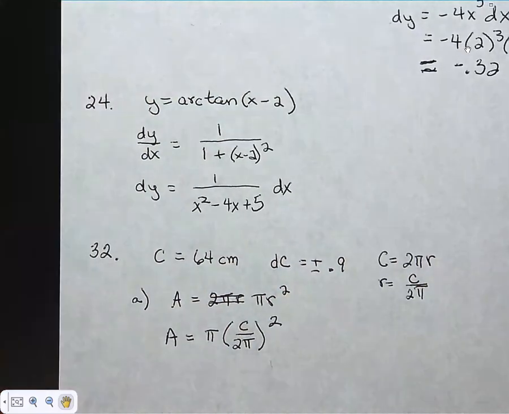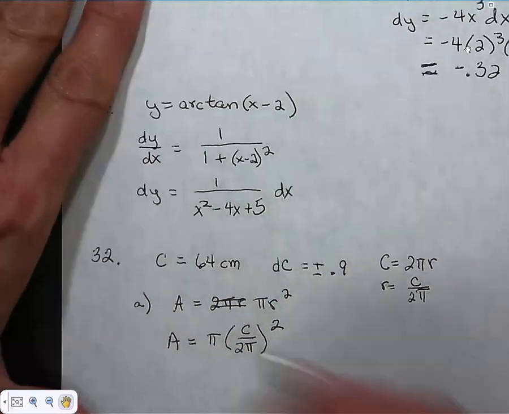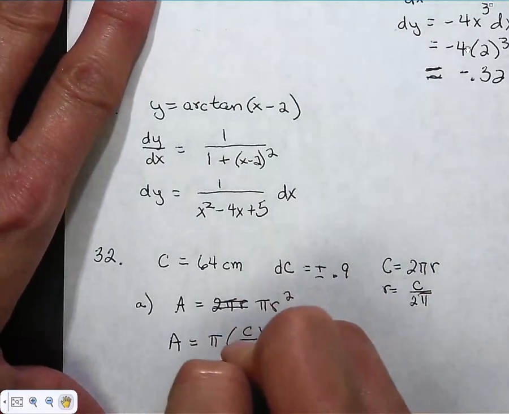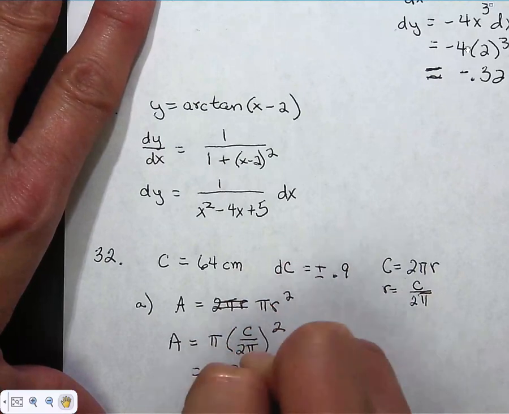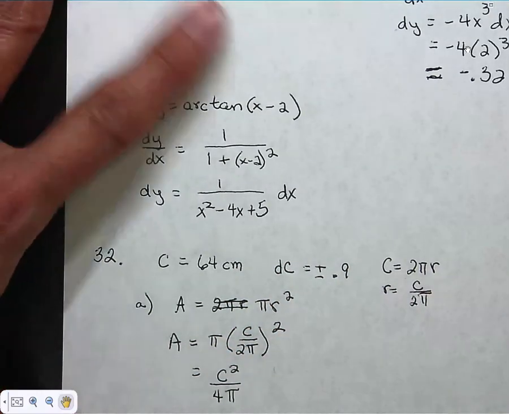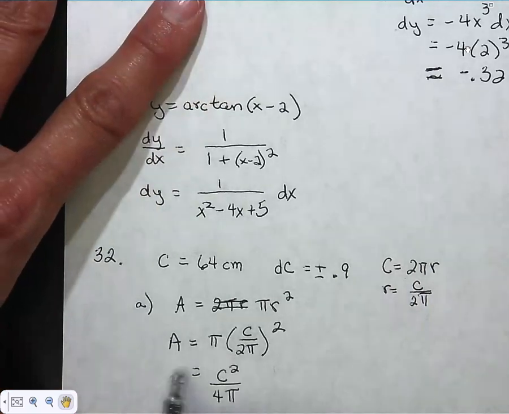Before I differentiate, I need to have a formula for area in terms of circumference, because circumference is what I'm given. And that would be C squared over 4 pi. Is that what that cleans up to be? Because that's 4 pi squared, and then one of those pi's cancels one of those pi's.